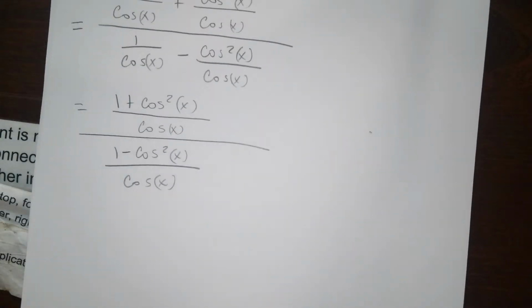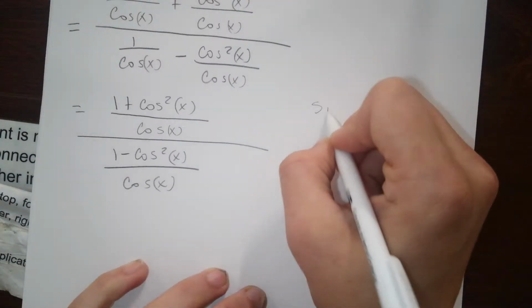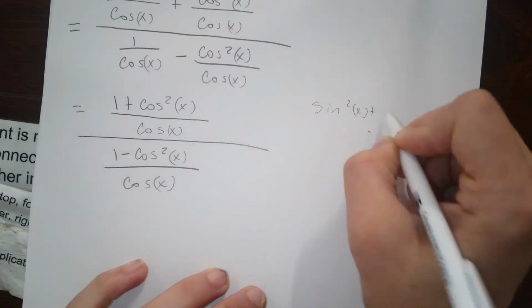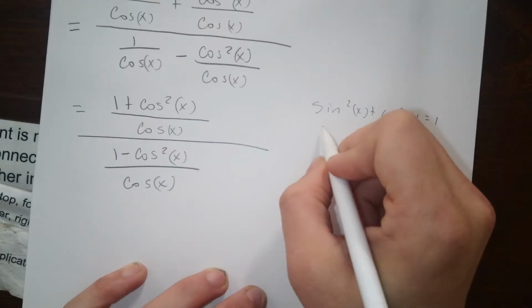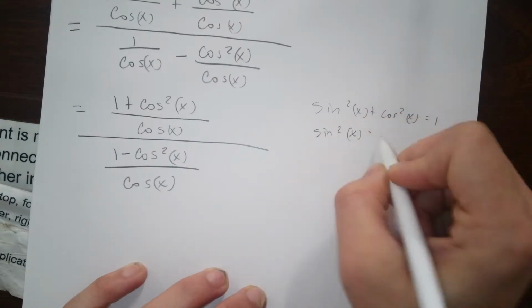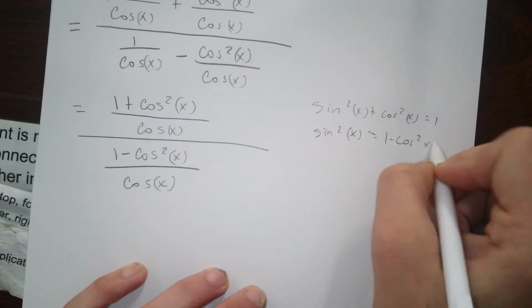Check. What else do I need? Sine squared. How could I possibly get sine squared? Pythagorean identity, right? Sine squared plus cosine squared equals 1. So sine squared equals 1 minus cosine squared.